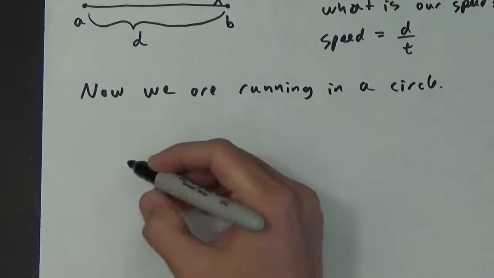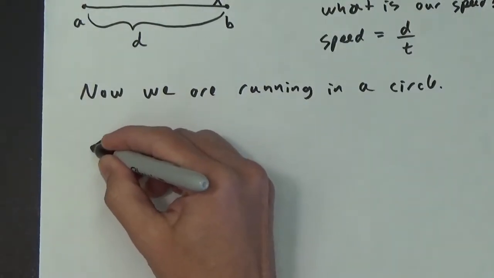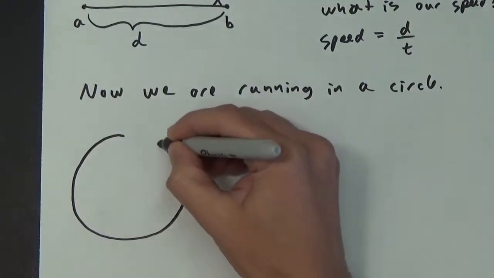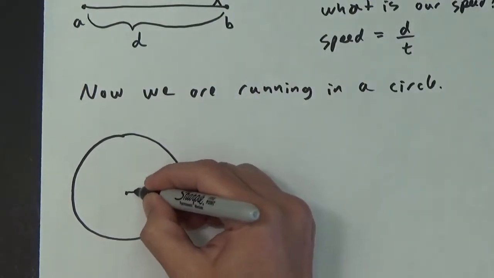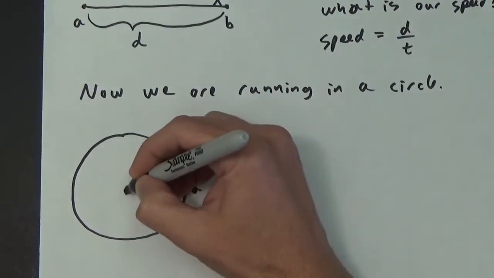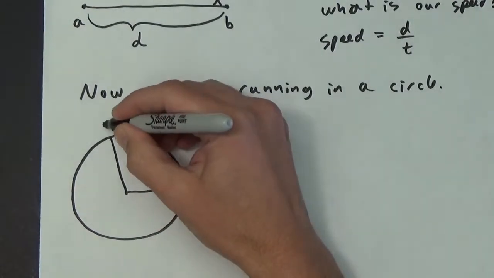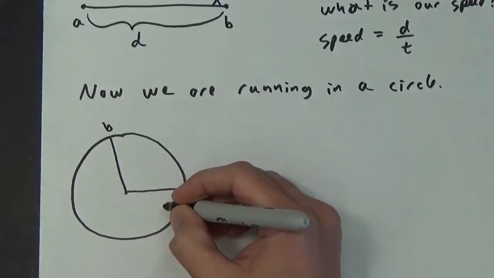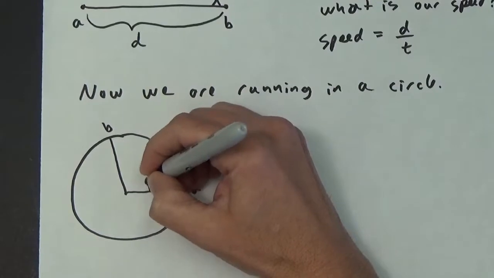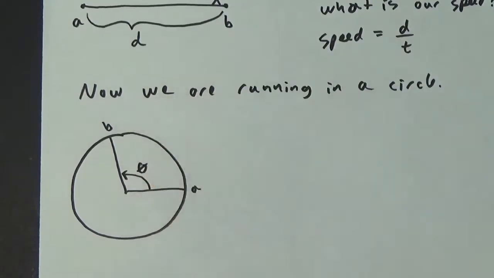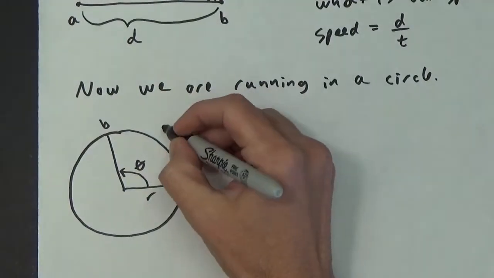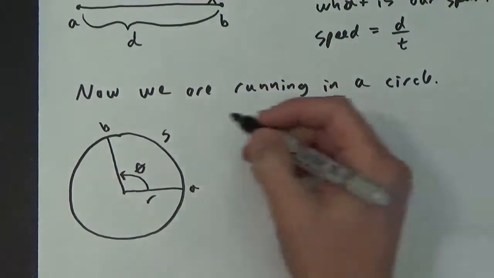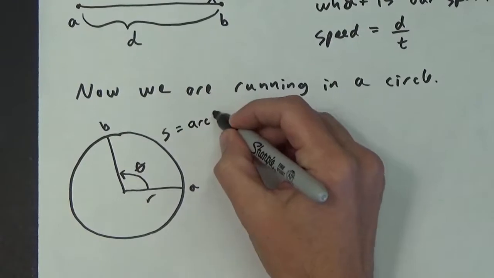So kind of be like a track, but a very specifically circular track. And so we're traveling, let's see, let's go to the center, from A to B, and we're going theta. This is R, and we're going a distance S. And so S is our arc length.